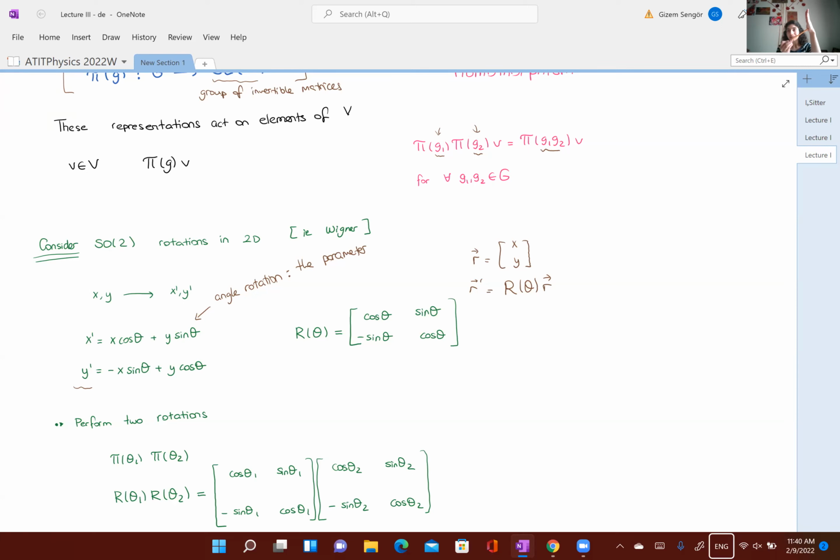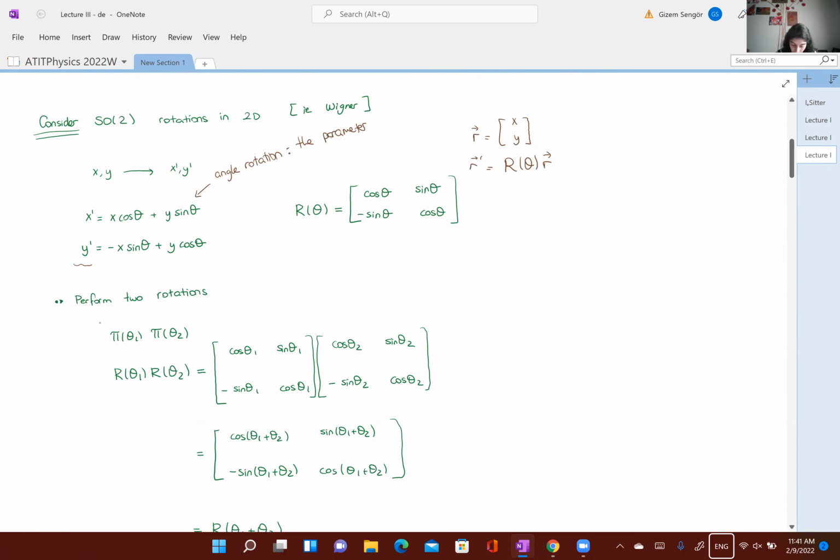So altogether, this is a rotation by theta 1 plus theta 2. So the parameters of the individual group elements get added up. This is the structure to preserve, the adding up of the parameters in the case of rotations. Now, in fact, look at these.